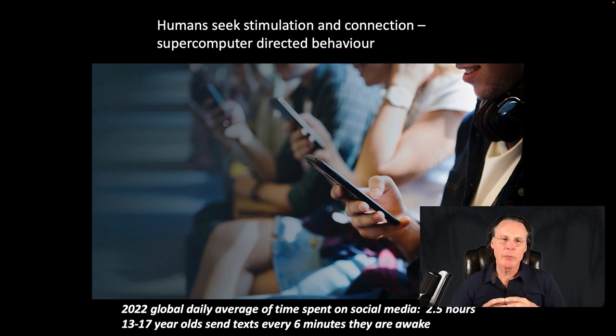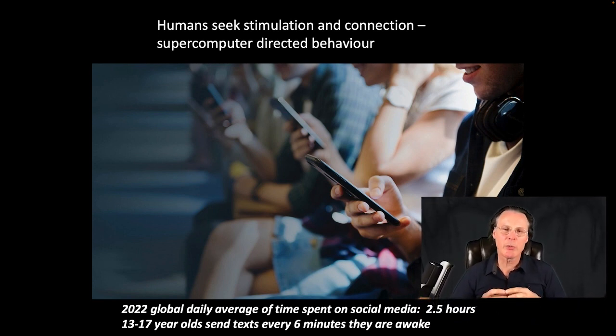Two well-documented genetically directed human behaviors are seeking stimulation and social interaction, which is a foundation for human learning. Today we have supercomputers tracking our seeking behavior on the internet and feeding us the illusion of stimulation and social interaction.